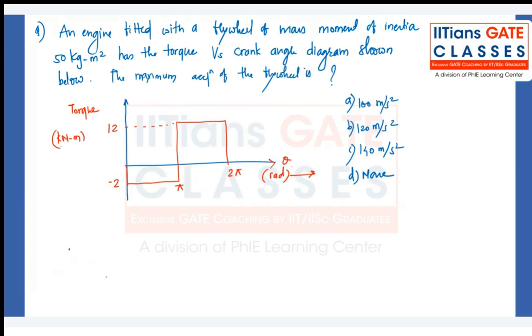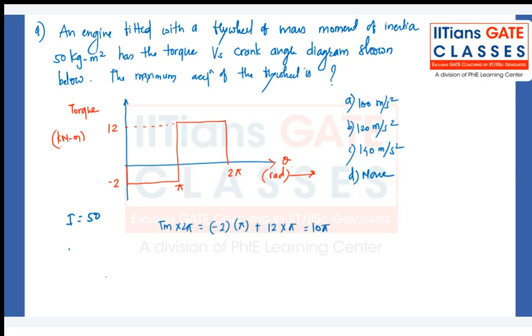So an engine fitted with a flywheel of mass moment of inertia I is given to you, that is 50. They have given you the diagram already. So I would say the mean torque into 2 pi will be equal to minus 2 into pi plus 12 into pi, correct?